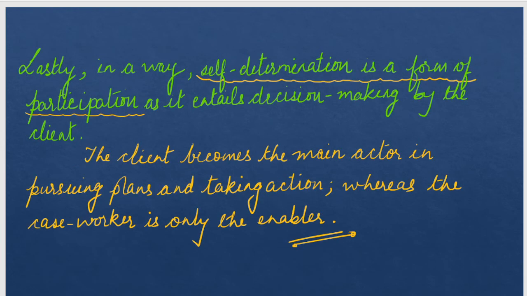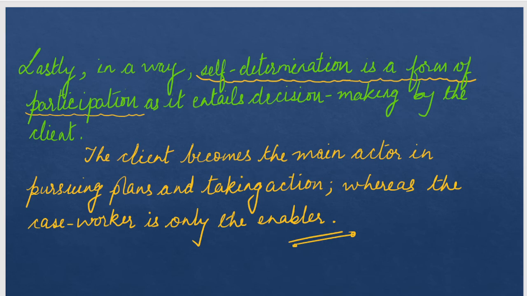Fine. Now, just moving ahead, I would like to mention that the principle of self determination is simply a form of participation. Both mean the same. We can use them interchangeably.